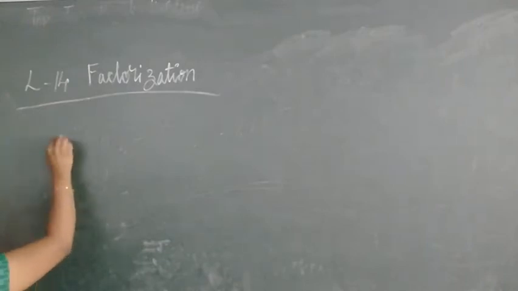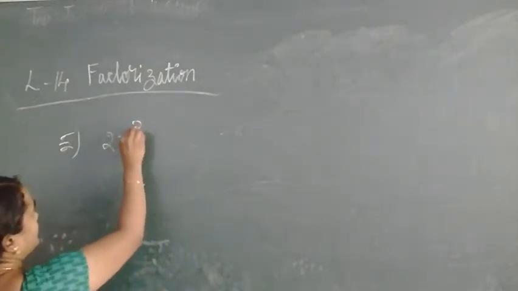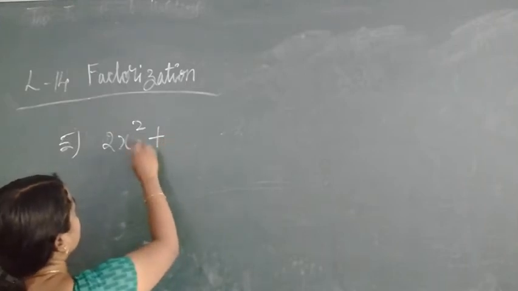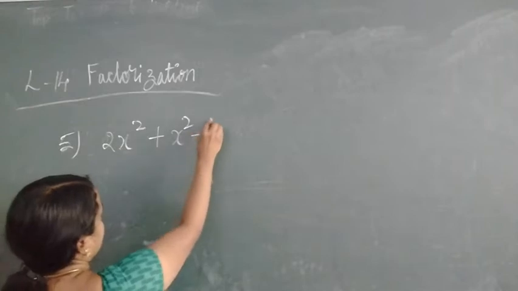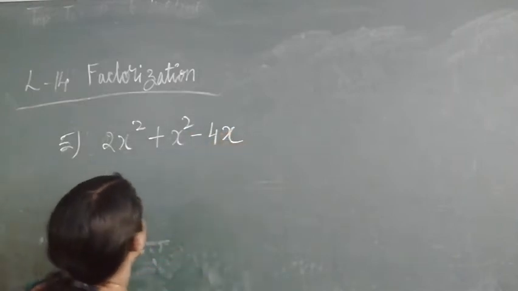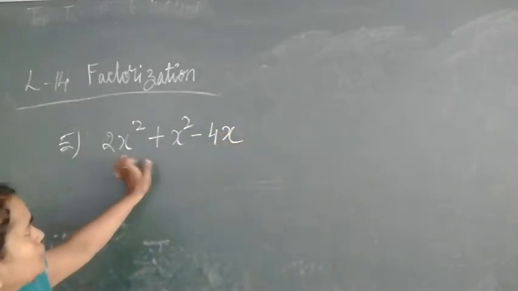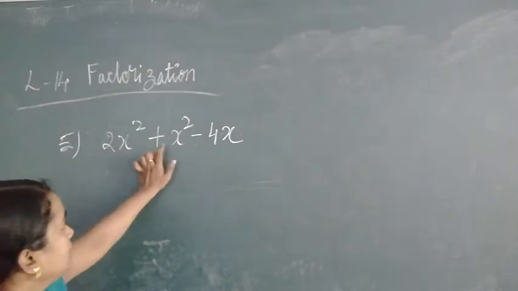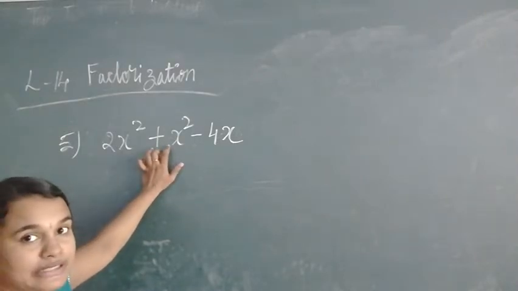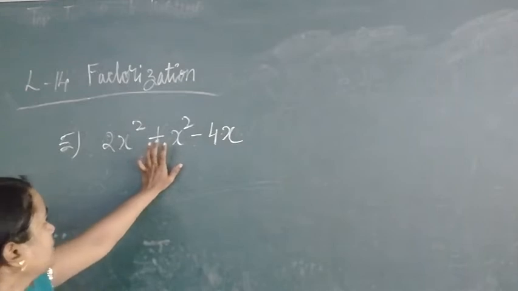Now I will solve question number 5. The fifth one is given: 2x square plus x square minus 4x. Children, here 2 and 4 are common, but in the second term we are not getting any 2 or 4, any numerical.